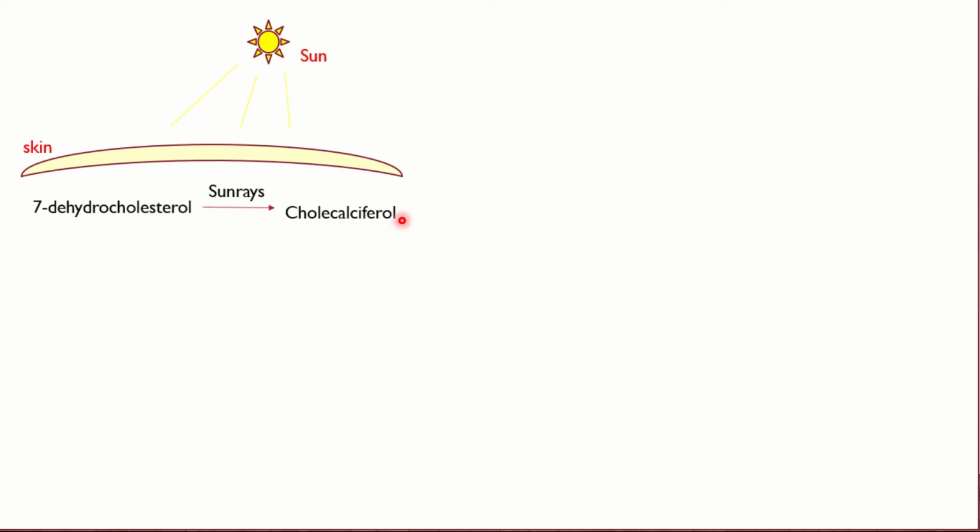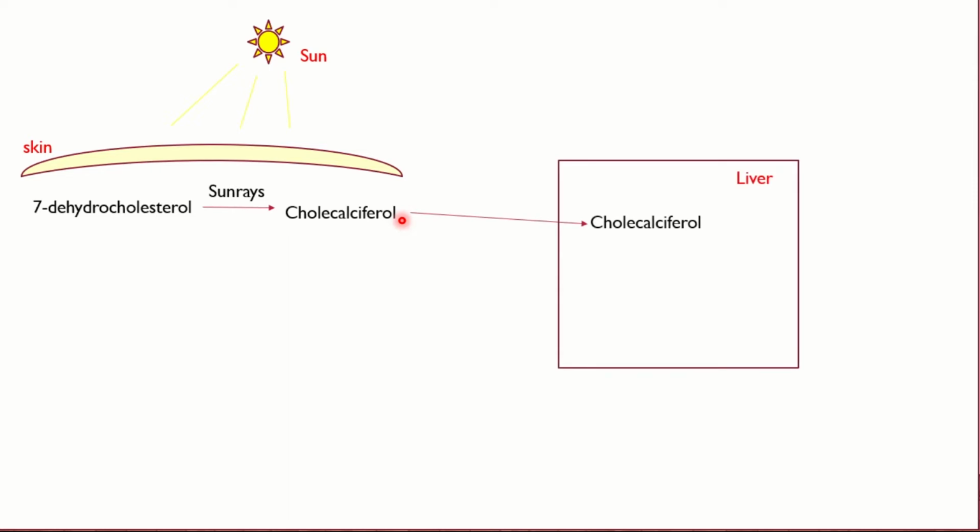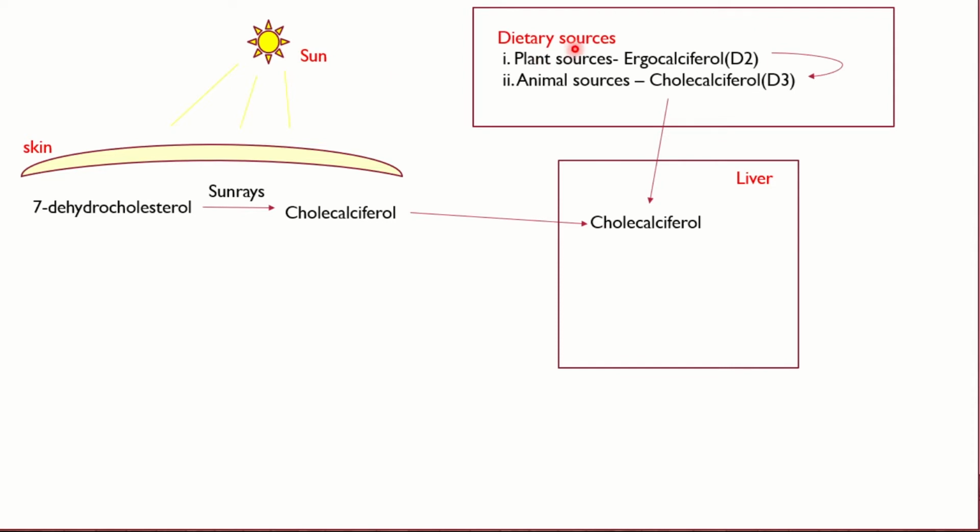Now, to activate this cholecalciferol, it is transported to the liver through the blood. So one source of cholecalciferol is through the skin. Another source comes from dietary sources, plant sources and animal sources.